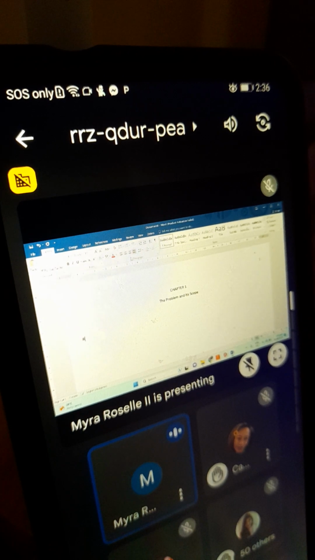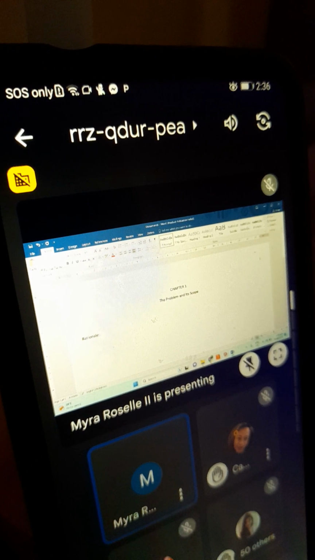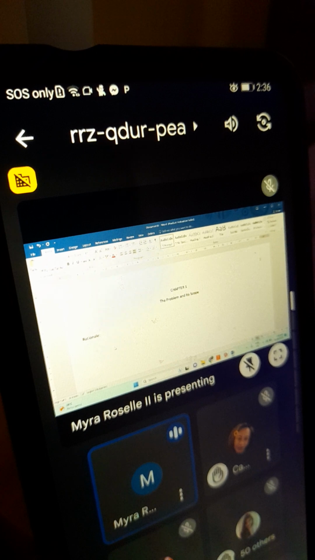Okay, let's just use rationale. Adjust the spacing to double. Again, in your rationale, you have to have at least 3 paragraphs.